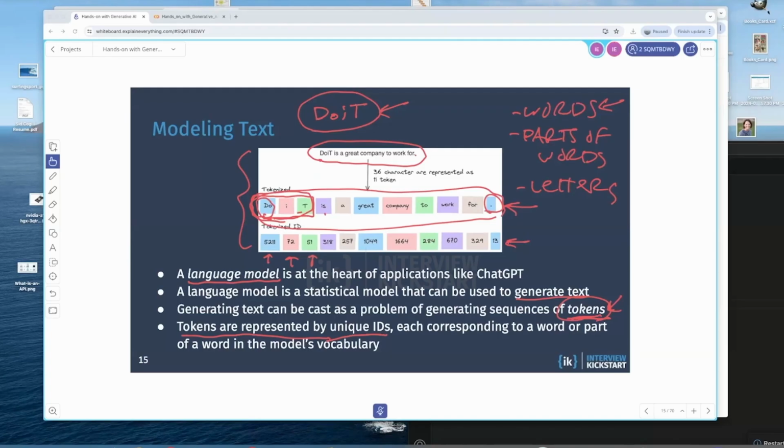So I might have a word in my vocabulary for do, capital D O. I might also have a word for do, lowercase d o. And those are two separate tokens that I'd keep in my vocabulary.